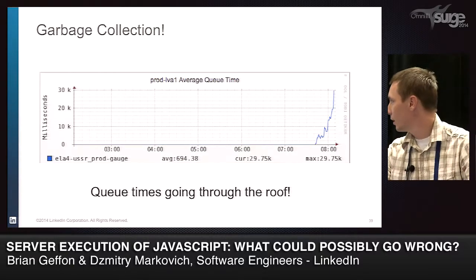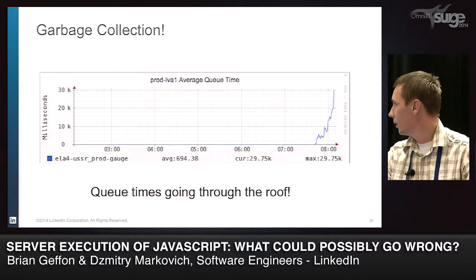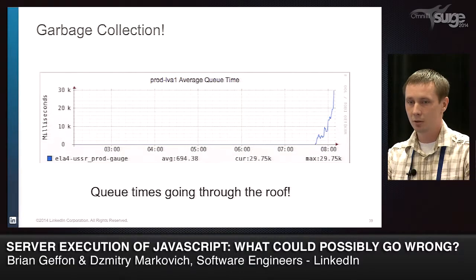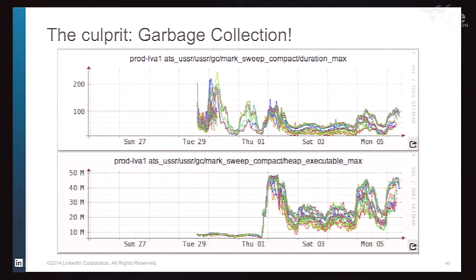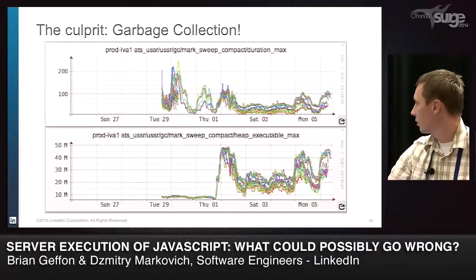At this point, we started seeing that it starts blowing up. The average queue time, which is the time a job spends in the queue until it gets picked up by our engine, went through the roof. So we started looking at what was going on, and this is how the garbage collection metrics look in this case.